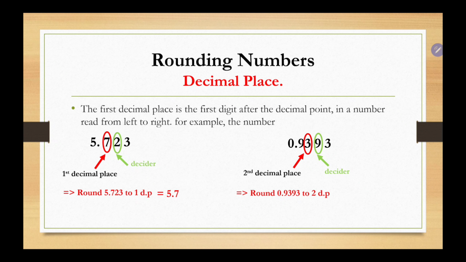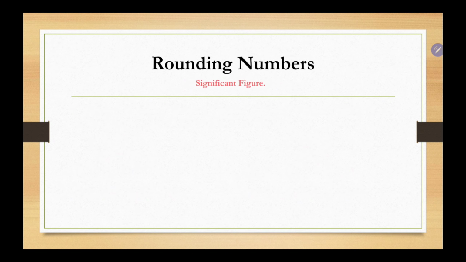So here's the rule of thumb. When the decider is 5 or more, round up. When the decider is 4 or less, you round down. Okay, so our answer here is just going to be 0.94.